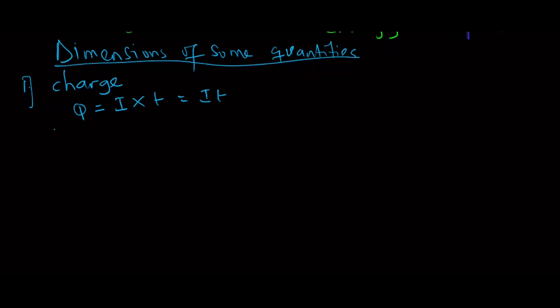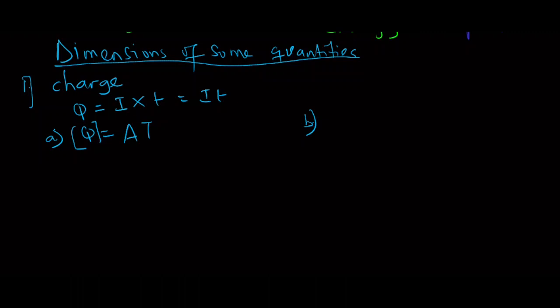We start by looking at the dimension. The dimension of current is a basic quantity, that's A, and the dimension of time is also a basic quantity, that's T, and that gives us AT. So the dimension of charge is AT. Let's work out the unit as well.